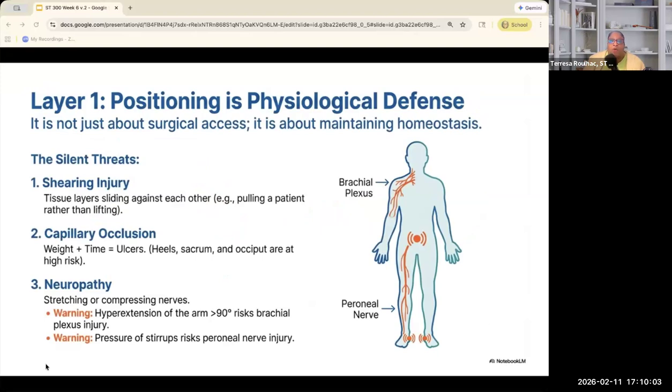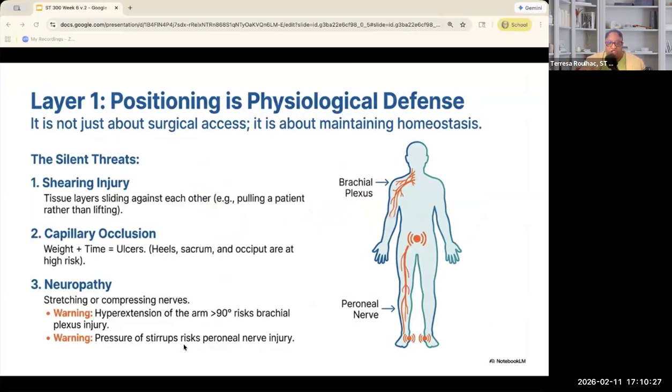We also talk about why this is important. Like I said, the second half flows a little bit better because we're talking about proper circulation, nerve and tissue integrity. We're trying to maintain the patient's physiological components while they're not able to protect themselves.